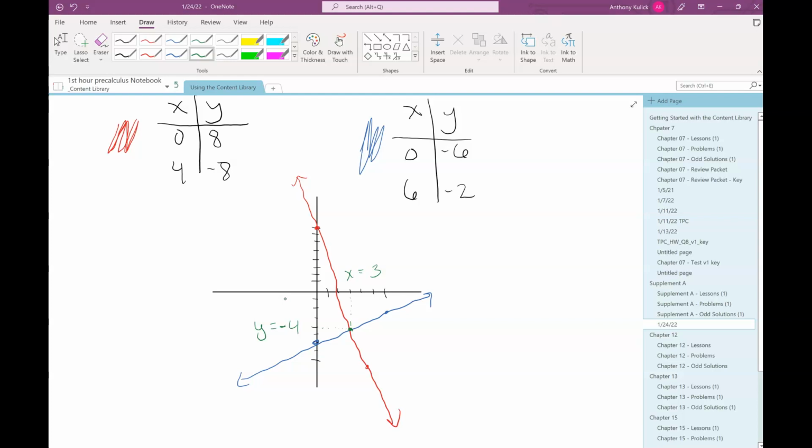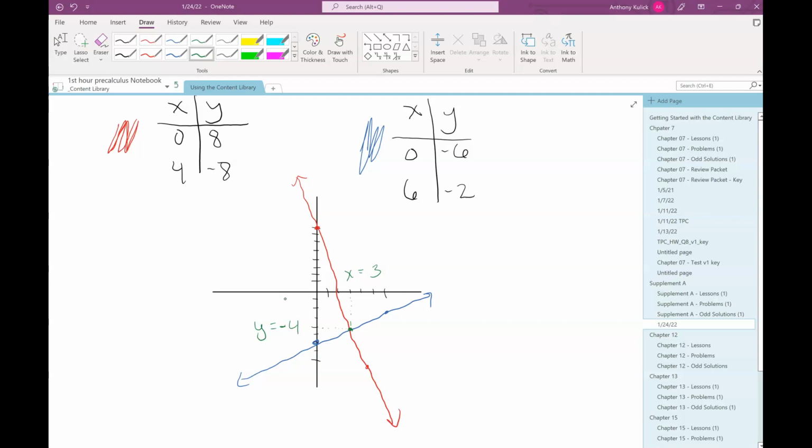What's the drawback to this method if we're doing this by hand? Neatness counts quite a bit. If you don't do a good job drawing your graph, it's going to be very tough to get the correct intersection.